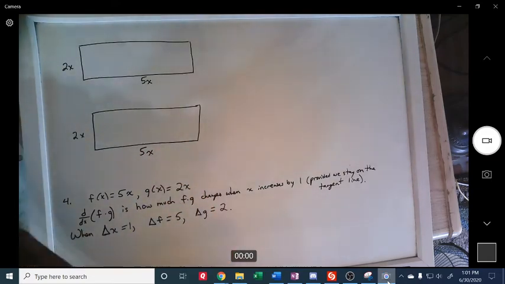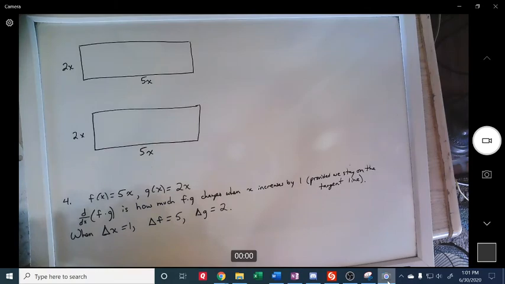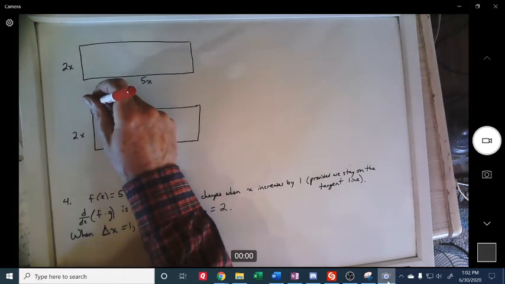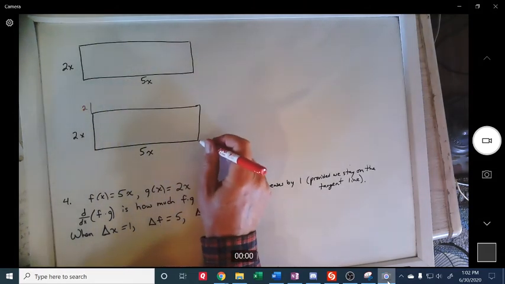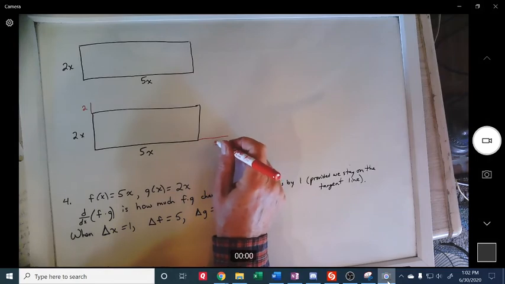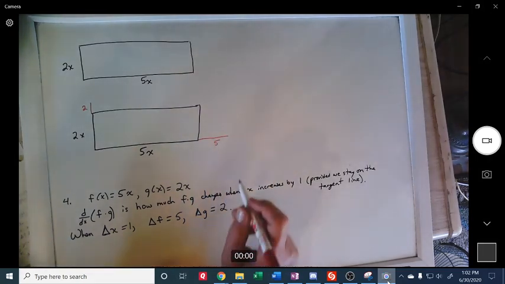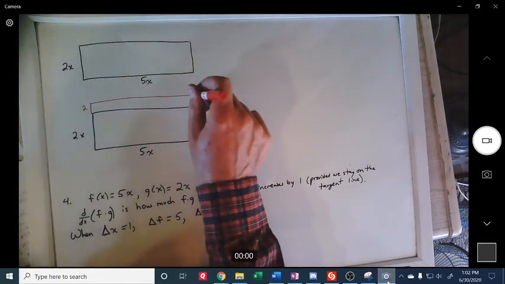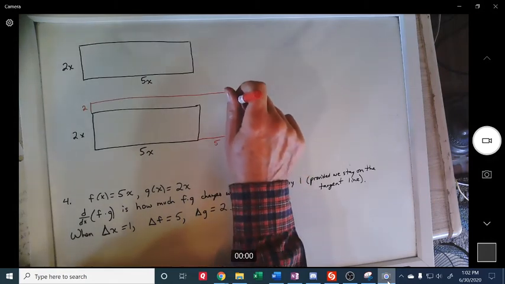But now we have, if x increased by 1, this one increases by 2. And this one increases by 5. And then I draw this up here.